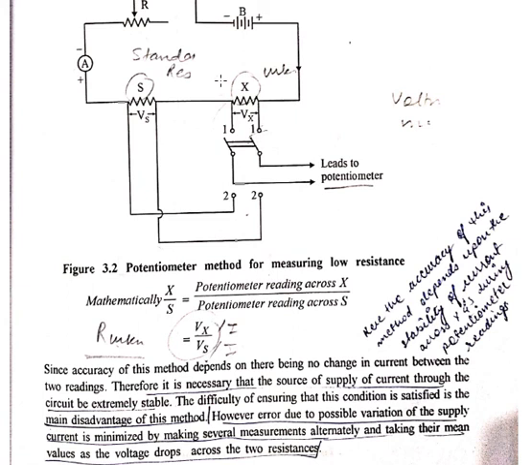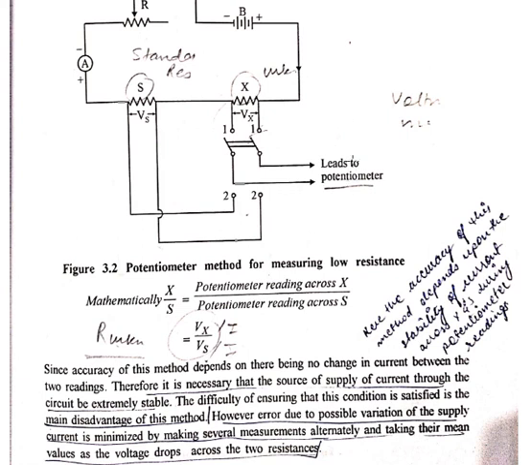We can take the mean values of voltage drop across the two resistances, and if the necessary precautions are taken, like using a good potentiometer and a sensitive galvanometer, high accuracy can be obtained by this method, because the potentiometer has no shunting effect on the resistance under test, as we studied in the ammeter-voltmeter method, where there is a shunting effect of the voltmeter on the resistance. Here that drawback is not there.